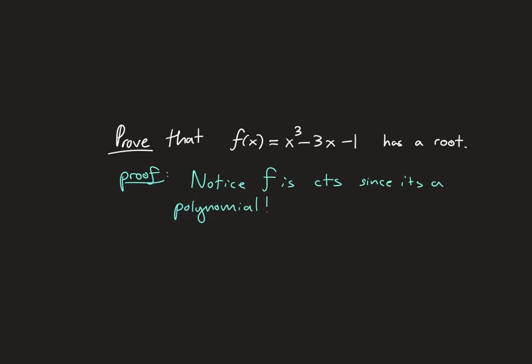Nice. Also, notice that f of 0 is equal to 0 cubed minus 3 times 0 minus 1, which is equal to negative 1, which is less than 0.